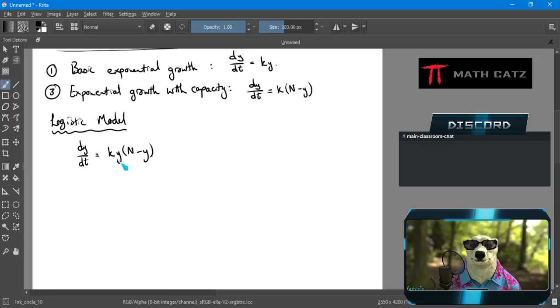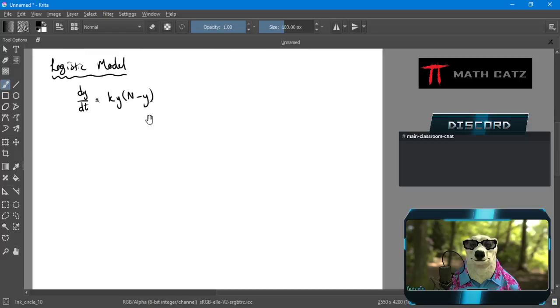Because if the population increases, it's going to push up this right side and the growth rate. But if the gap to the capacity gets smaller, then this gap in the bracket gets smaller and it pulls the growth rate back down. So this is going to be our logistic model.